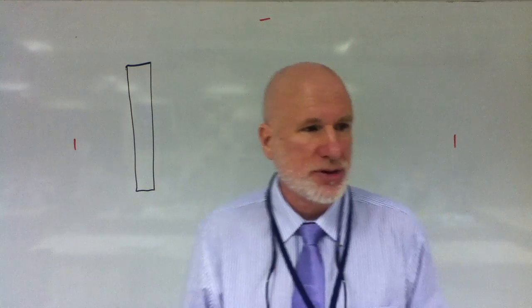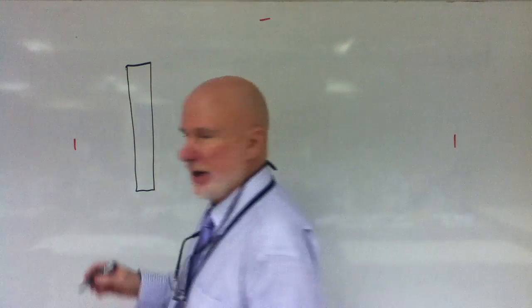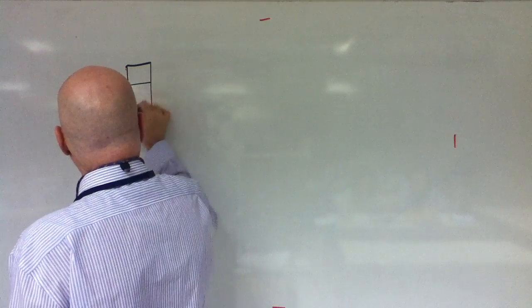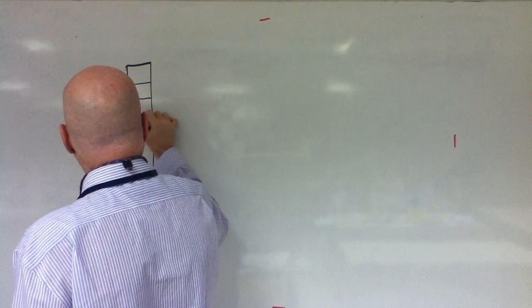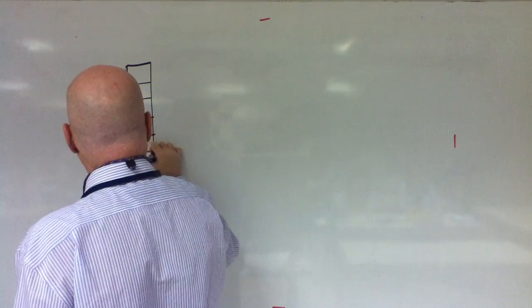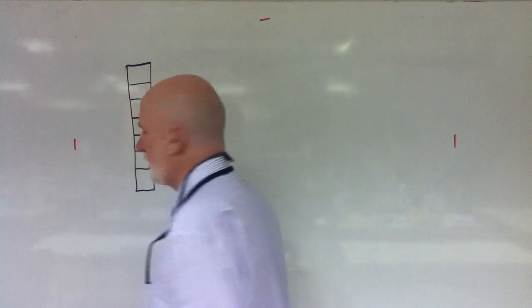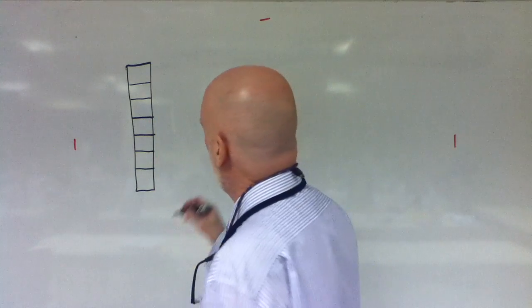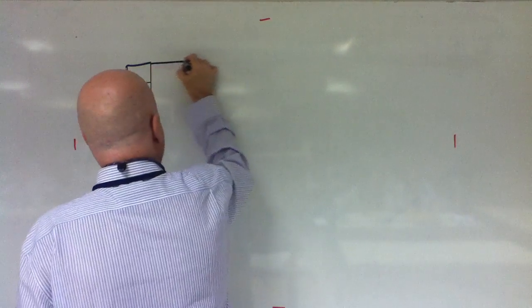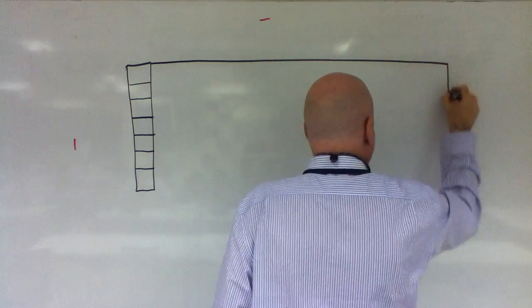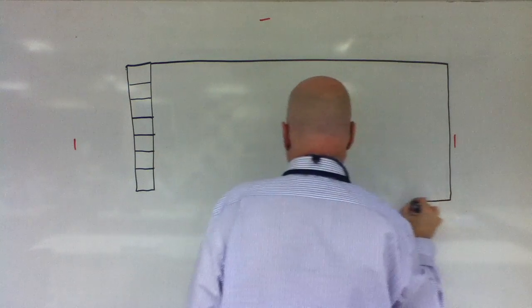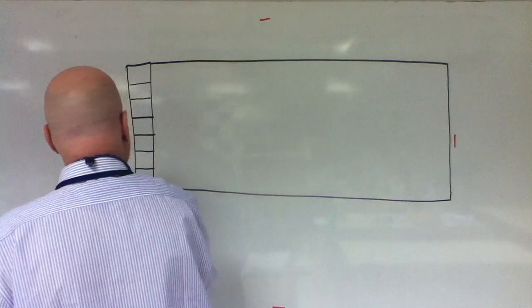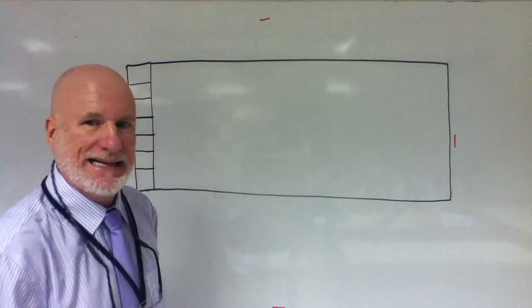Now the first column is going to have 7 blocks in it: 1, 2, 3, 4, 5, 6, 7. You're all going to want to do this, trust me. Then the next thing you're going to want to do is make 18 columns.